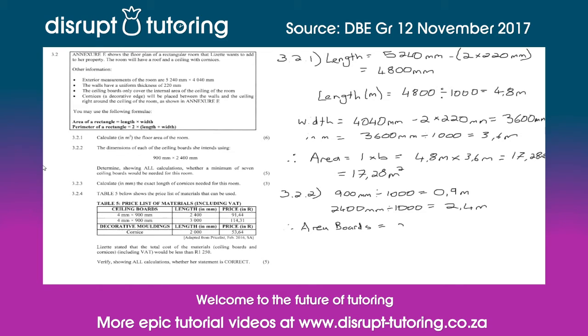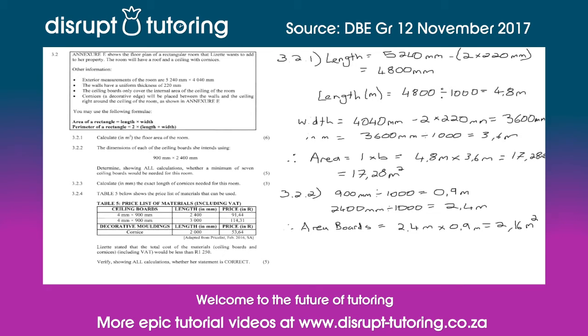So it will be 2,4 meters multiplied by 0,9 meters, which equals, in your calculators, 2,16 meters squared. So one ceiling panel is 2,16 meters squared.